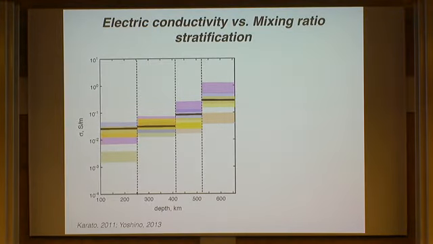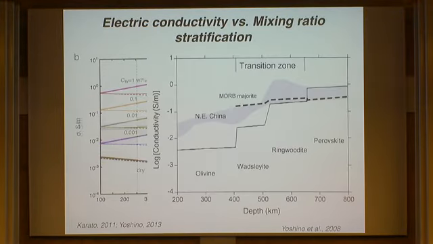As you can see, this high electrical conductivity from the basalt is a possibility that people do not really entertain very much. But to be consistent with our estimate from seismology, we think maybe some of the high electrical conductivity can be attributed to accumulation of basalt in transition zone depths.